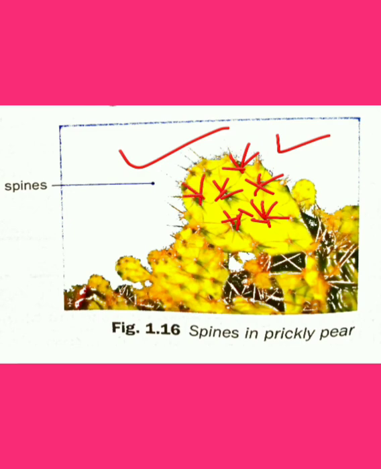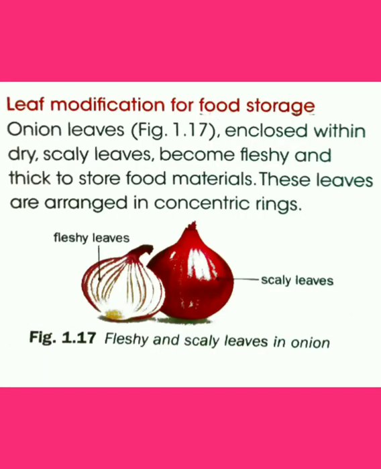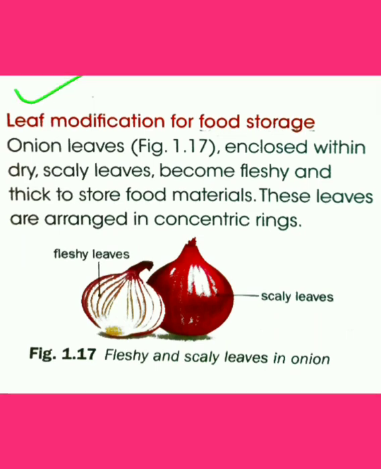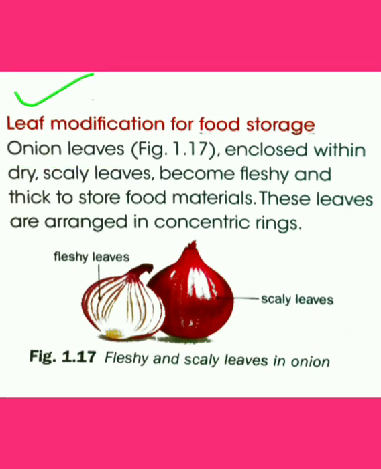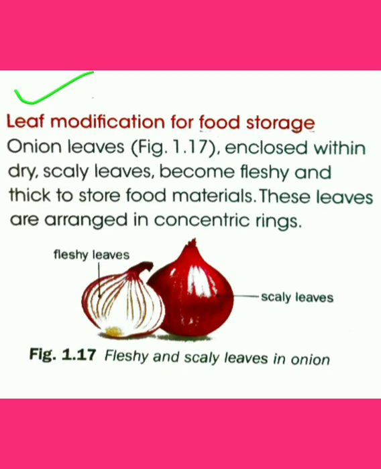water in hot weather. Next is leaf modification for food storage. In case of onion, the part that we see or eat is the leaves, which are present in two forms. Outer leaves are modified into scaly structures, that is scaly leaves, to protect the inner part.